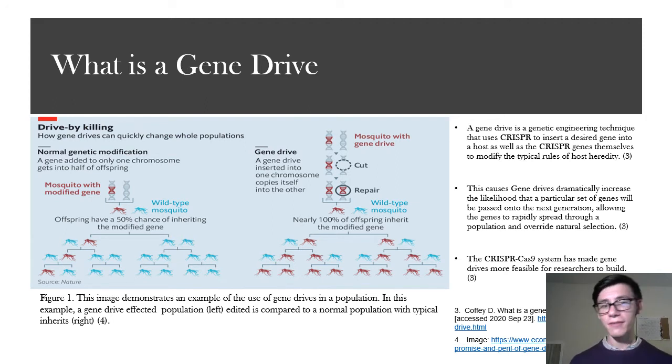I think this diagram provides a great example of the comparison between a standard population with no gene drive and a gene drive population, where you can clearly see that it spreads throughout all the offspring from that original host. So that is just crazy.